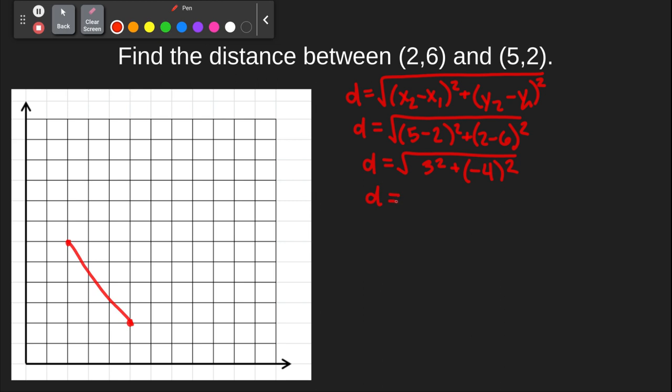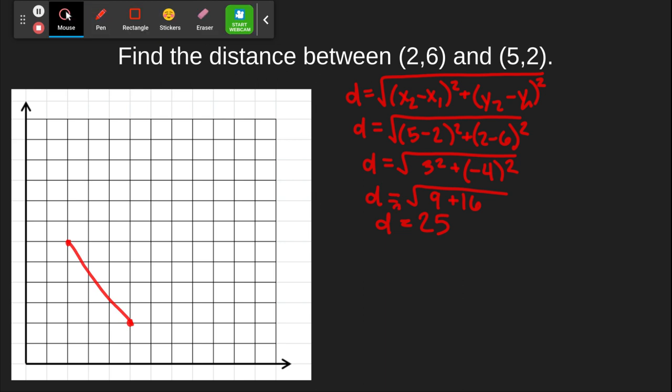Notice that's a 3 and a 4. That'll come back later. And you get 9 plus 16, which is 25. Then you take the square root of it and you get 5.